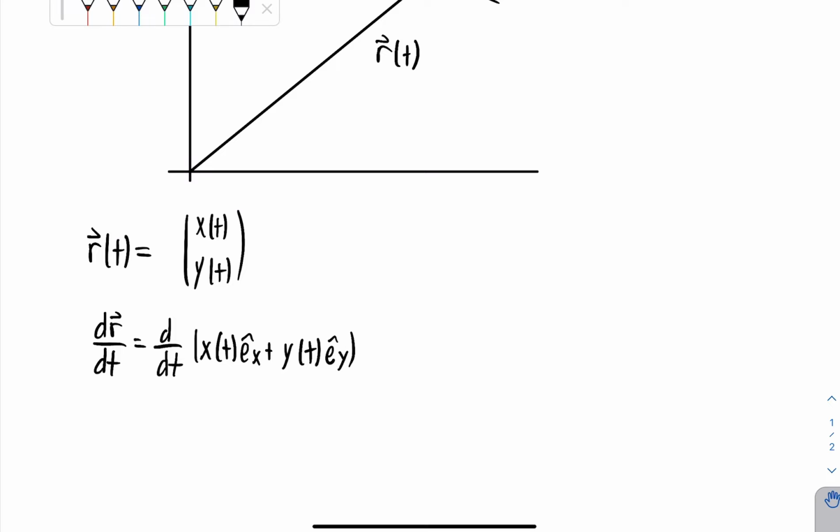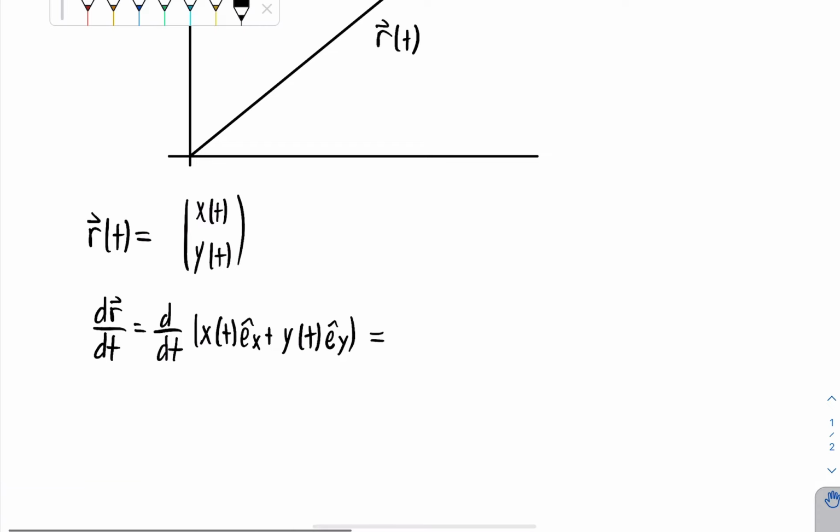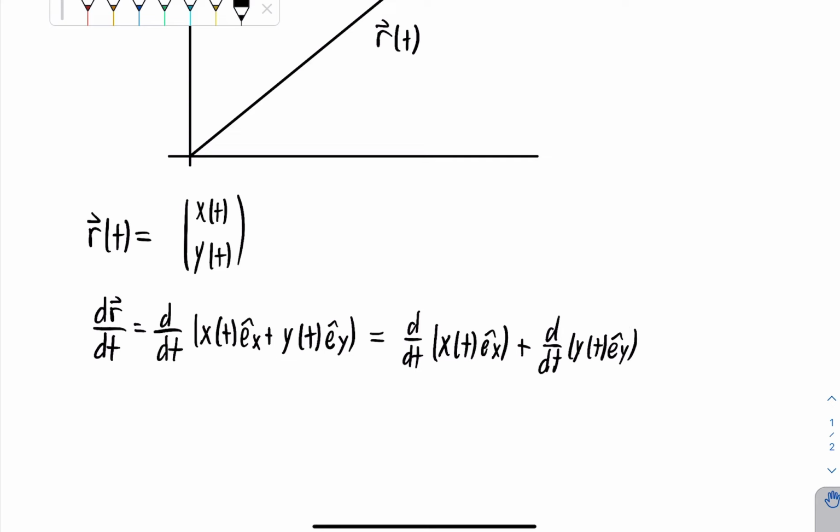Okay, and using the linearity of the derivative, this becomes the time derivative of x of t e hat sub x plus the derivative with respect to t of y of t e hat sub y. And this becomes dx/dt e hat sub x plus dy/dt e hat sub y.